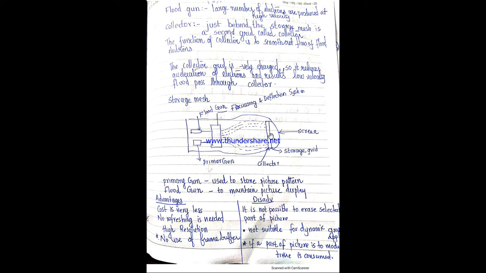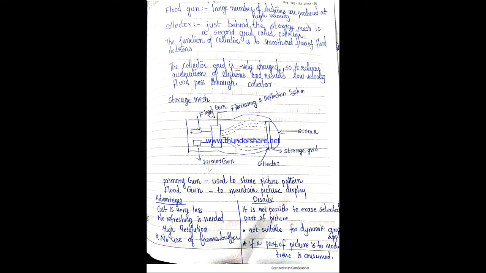In the direct-to-view storage tube, the main components are the primary gun and flood gun. To focus and deflect the electrons, we have a focusing and deflection system, and we have a collector grid, a storage grid and a phosphor coated screen. The role of the primary gun is to store the picture pattern in the storage grid as a positive charge distribution.